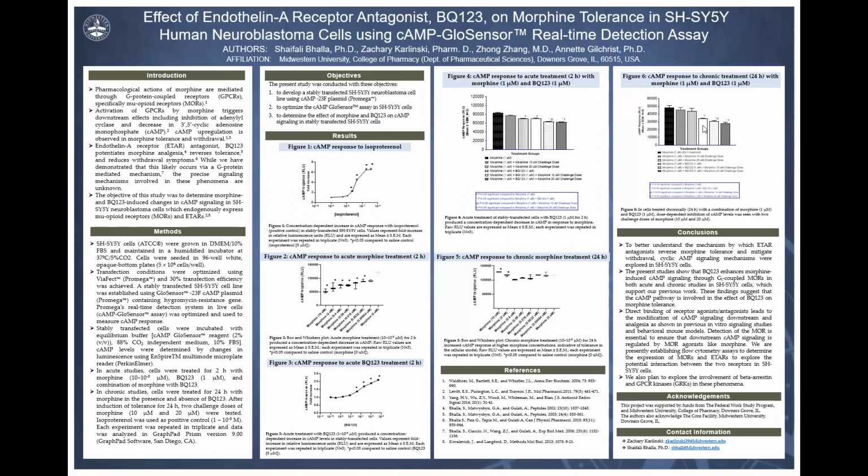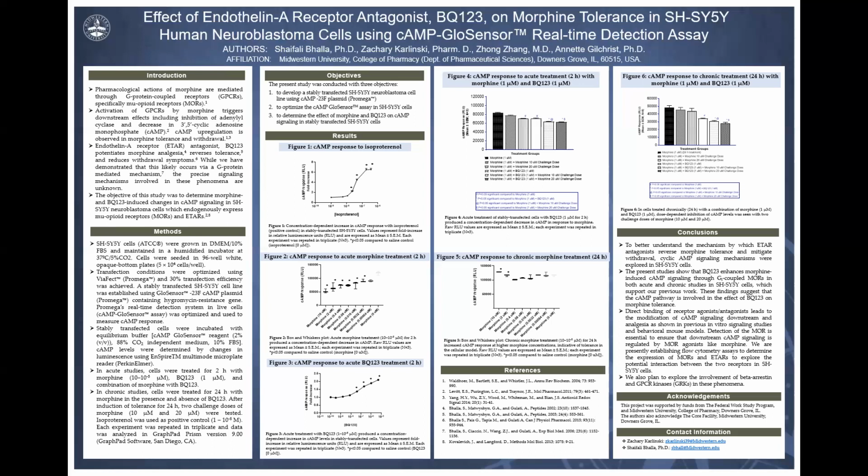But with both the doses of morphine that were used as challenge doses, the 10 micromolar dose as well as the 20 micromolar dose, both of these challenge doses were able to produce a significant decrease in the cyclic AMP levels as measured by the relative luminescence units using a plate reader when these cells were in the presence of BQ123 treatment. So again, these are, I think, really exciting findings, which help us to conclude that the cyclic AMP pathway is involved in the mechanistic effects of BQ123 on morphine.